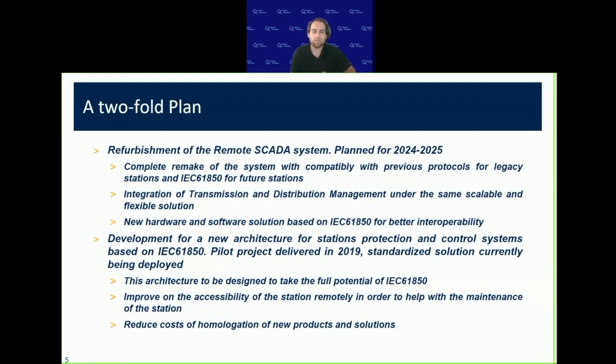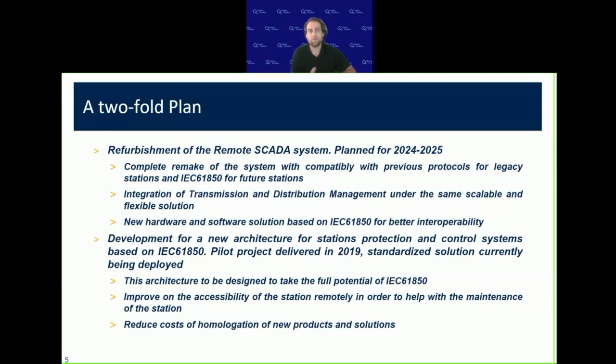So we're talking about production management, work permits, and work management, and all those systems. The complete refurbishment planned for 2024, 2025, around there, is ongoing and is being designed with all the needs in place, as well as communication in IEC 61850 between the stations and between the systems.